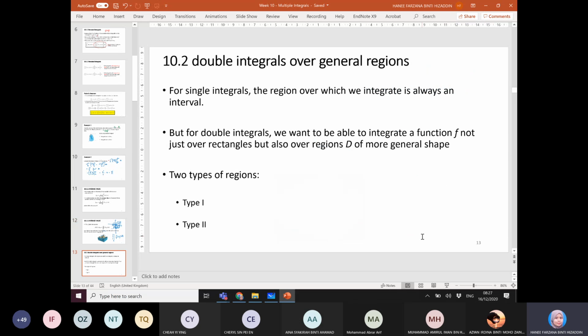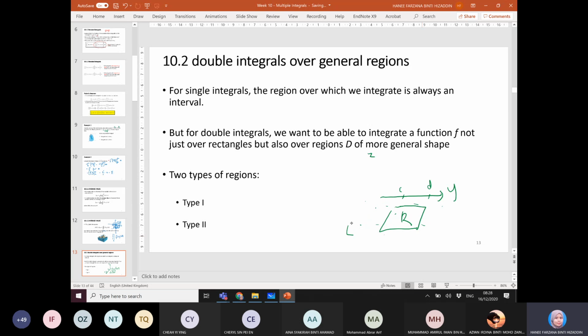Okay, so now we proceed with double integrals over general regions. Previously, given the axes z, y, and x, we just defined our region as a square or rectangle, from a to b and c to d, depending on the width of the intervals. But we don't always want to integrate simply from a to b and c to d.